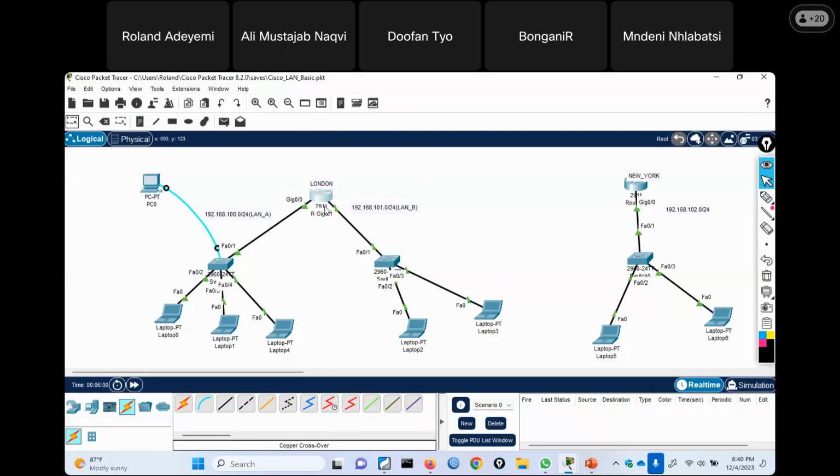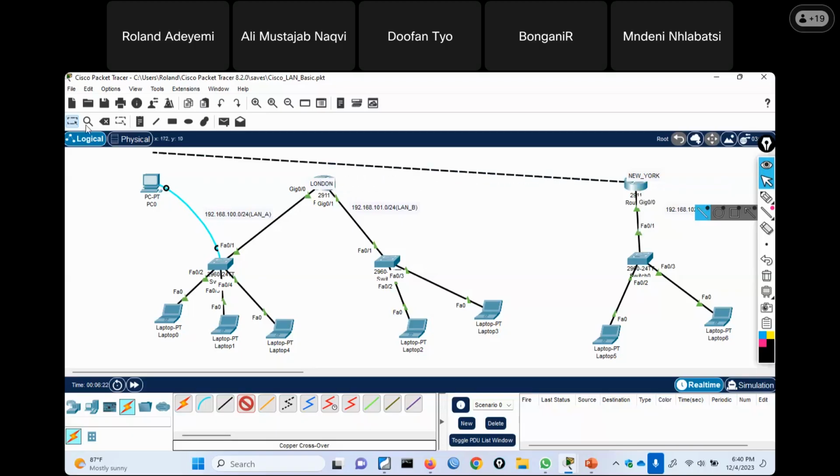How do we do that? The two routers that are linking those LANs must be directly connected. So I link the two routers together, click my crossover cable. I've explained this to you guys again. I can click the router, go to any of the LAN interface G0/1, go to the other side. I think this name is affecting me. Let me move it.